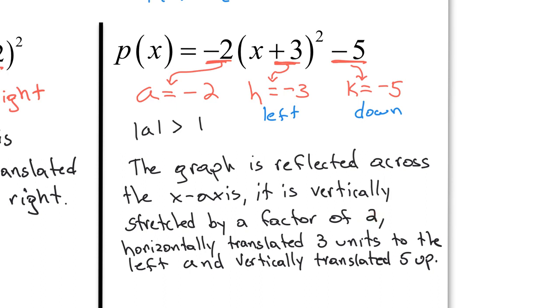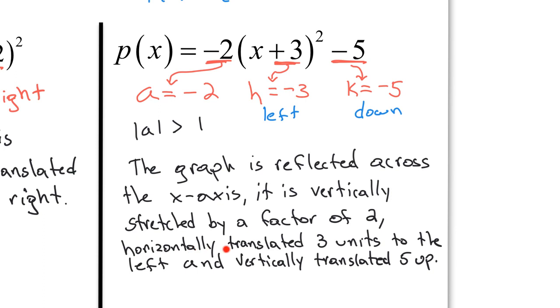We have to mention by how much, and the number right here, the absolute value of a, is your factor, and that's what we know by how much it was stretched. So it is a stretch by a factor of 2. If this one here is less than 1, then we say vertically compressed by a factor, but right now it's greater than 1.